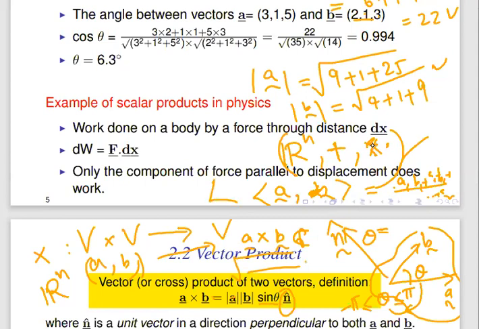Theta is the angle in n-dimensional space, and you can measure an angle between any two vectors in any dimension. And n is the unit vector perpendicular to the plane of A and B. So this is satisfied in any dimension.